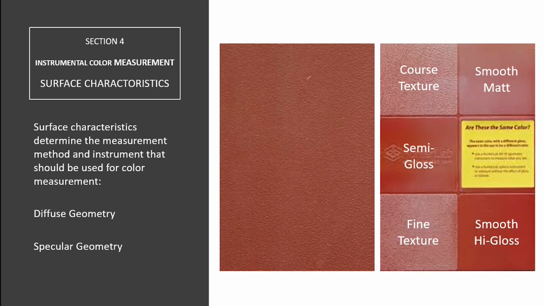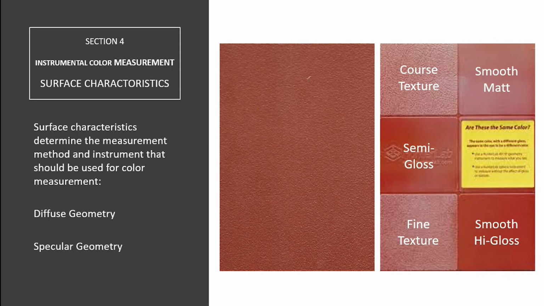And this is another example. Our salespeople have used this to help customers understand the surface characteristics of their products. This is a plastic plaque, about the size of a piece of paper, and it's uniformly pigmented, so it's the same color all the way through.